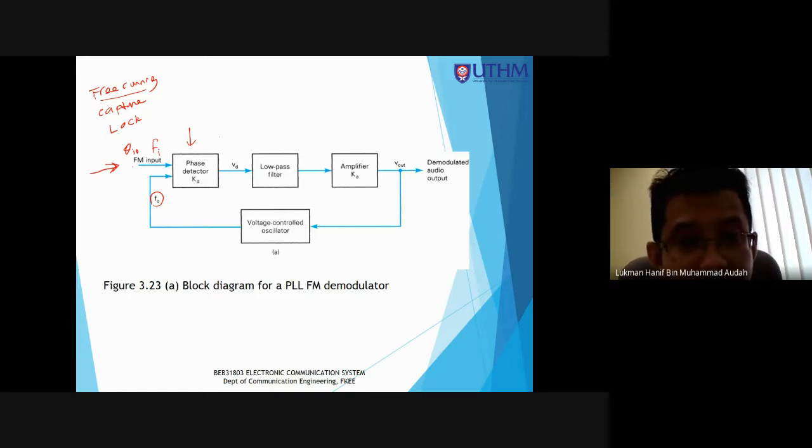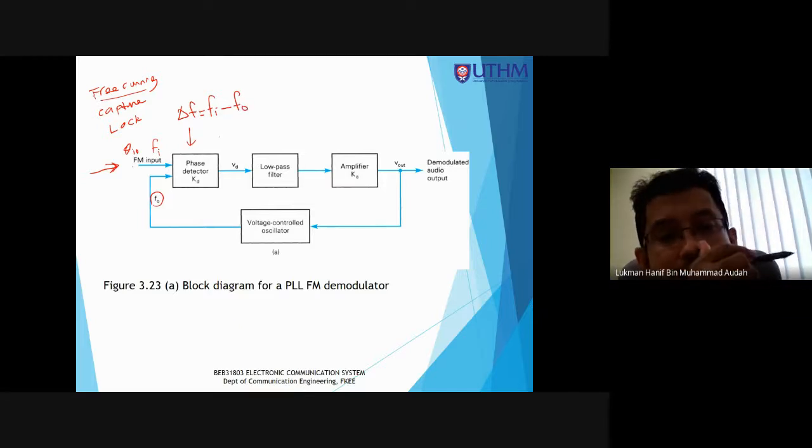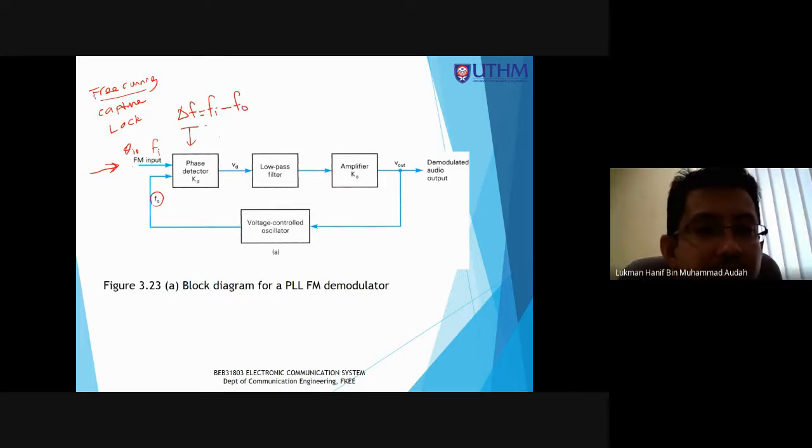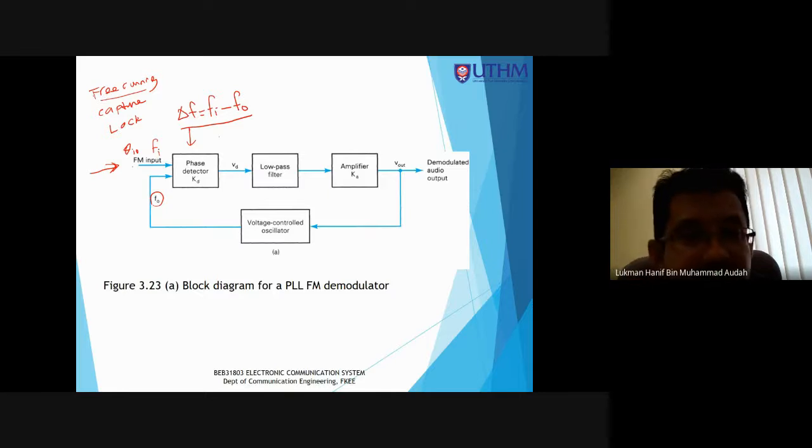So dalam dia punya nota ini dia menggunakan konsep frekuensi. So saya gunakan delta F. Delta F di sini bermakna dia akan compare antara F input dengan Fo. Kita akan kira dia punya perubahan. Perubahan ini akan menghasilkan VD.